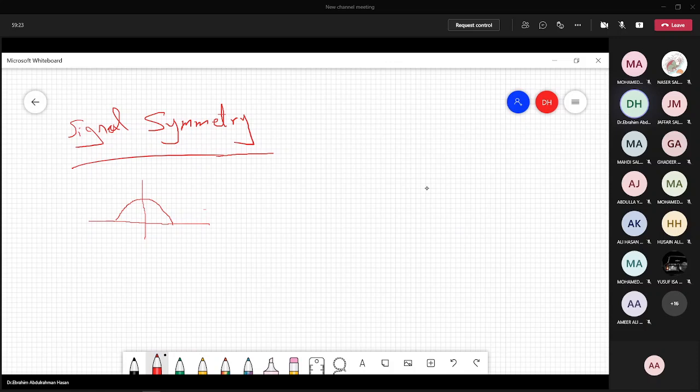The value here is t, the value here is minus t, so x of minus t is always equal to x of t, for all t of course.